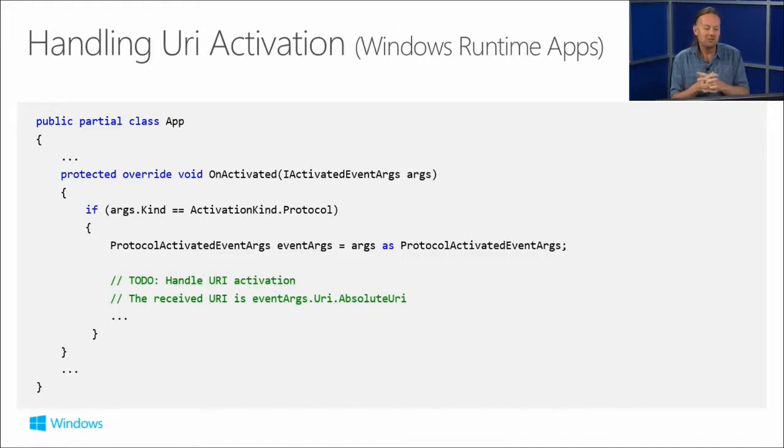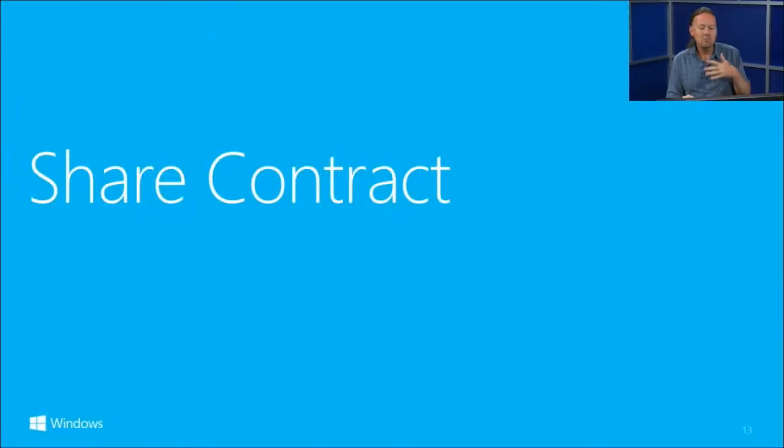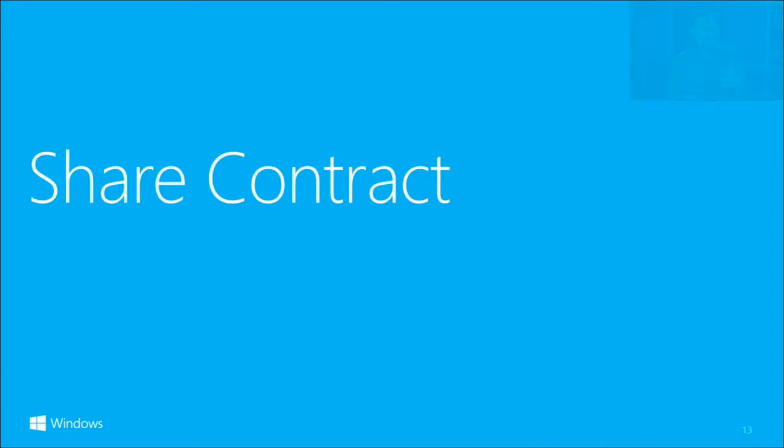So do the standard frame building up, and then pass those args onto the target page so that it can handle the activation. Now, in the sample code, there are some demos for this, which are kind of interesting, but I'm actually going to move straight onto the share contract in the interests of time.